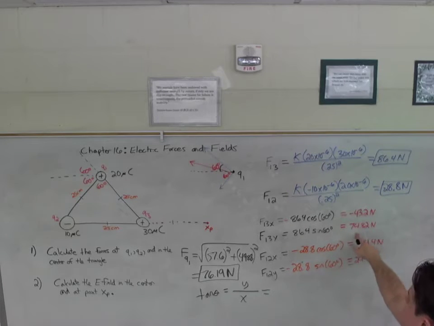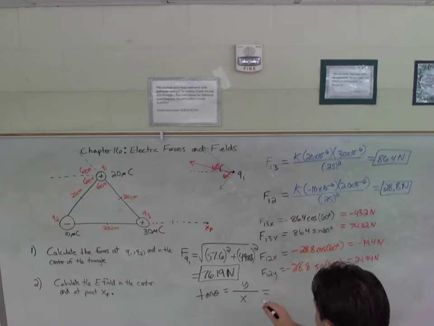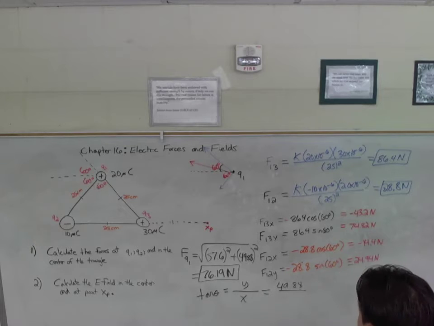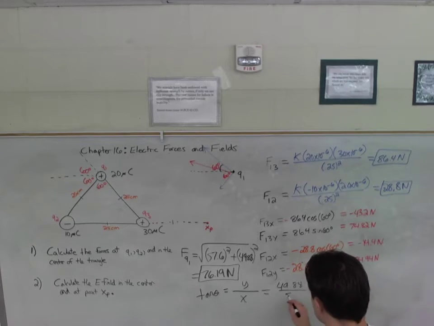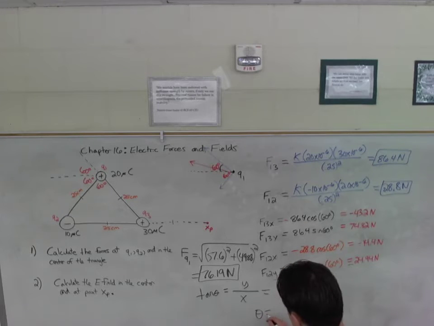When we did the 74 and the negative 24, we got 49. More trying to go up, right? 49.88, and then x components, we had them both going that way. That was our 57.6. Take an inverse tangent.